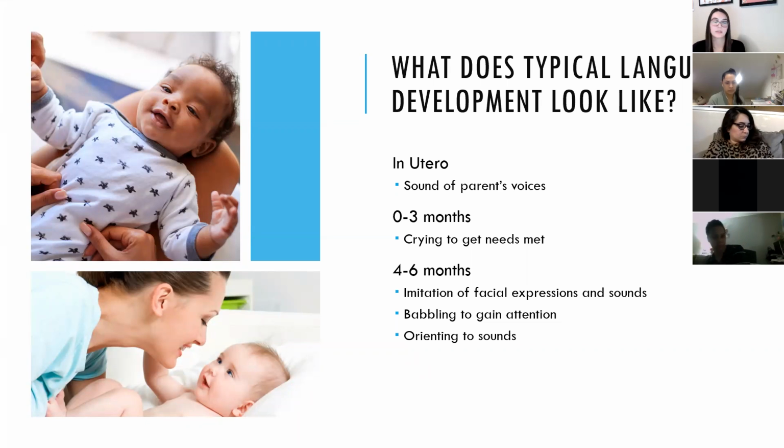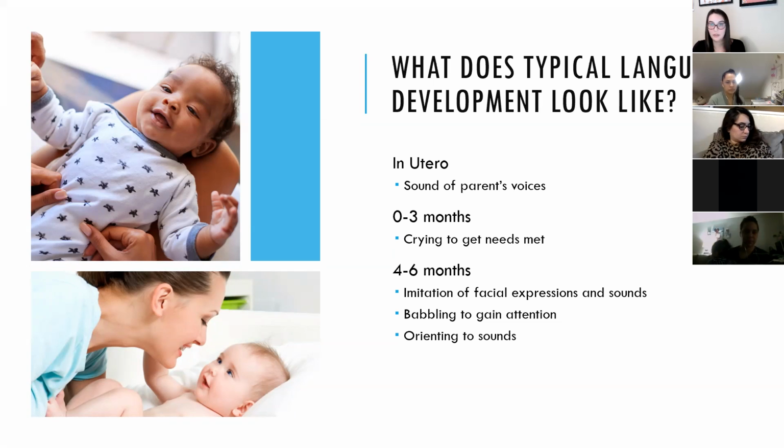0 to 3 months, babies are crying, and they cry to get their needs met. They are learning how to mand, even though it's crying. There's still an MO in place. They're hungry or they're dirty, so they cry, and then they're getting that specific reinforcement that they have that MO for.